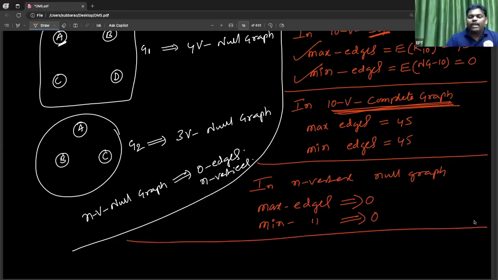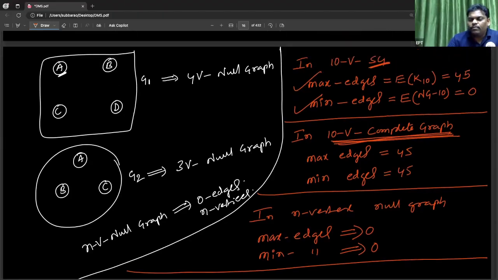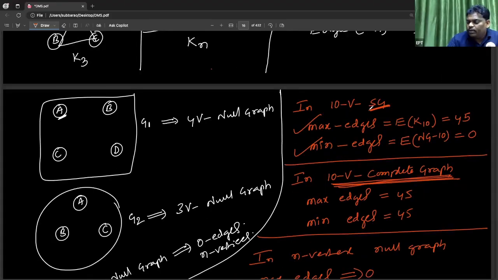Can you help me now? This maximum and minimum, interesting when? Null graph, complete graph, or simple graph? Simple graph.